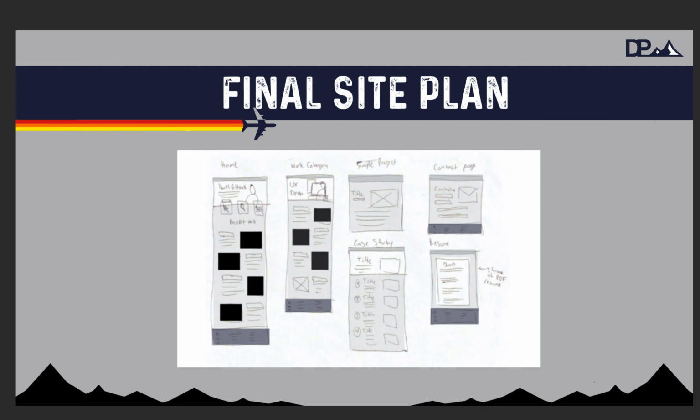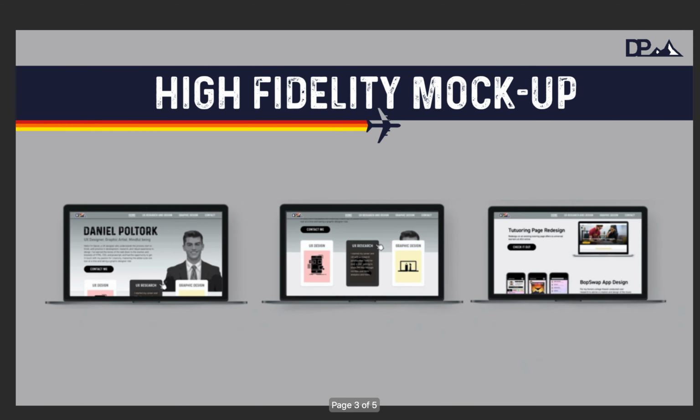As you can see, I started to build this out more, adding in some colors, calling on the brand, of course, with the brand blue and the gray in the background there. I drew out those cards under the header and also mocked up pages for a simple project, a more detailed case study, a resume, and a contact page as well.